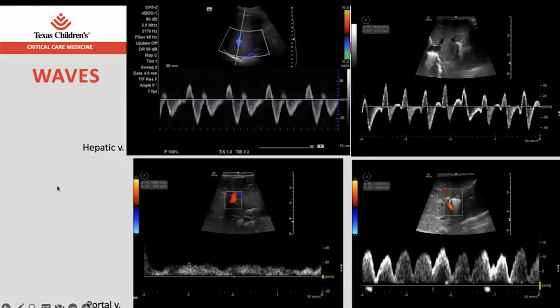And just some images showing changes as someone's VExUS score gets worse and worse. This would be, again, normal, with our normal S and D waves here with the Doppler gate across the hepatic vein.